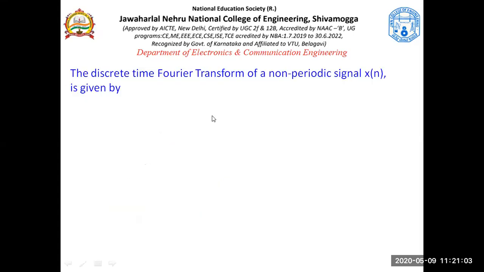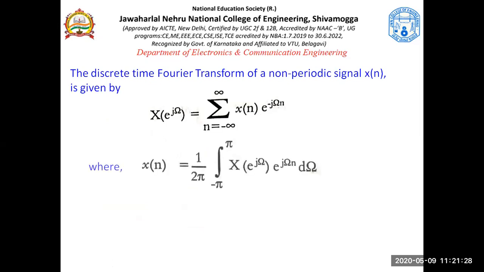Now, the discrete time Fourier transform or DTFT of a non-periodic signal x of n is given by that equation. That's something that we have just seen. In this, x of n is a non-periodic discrete time signal, and that is given by this.